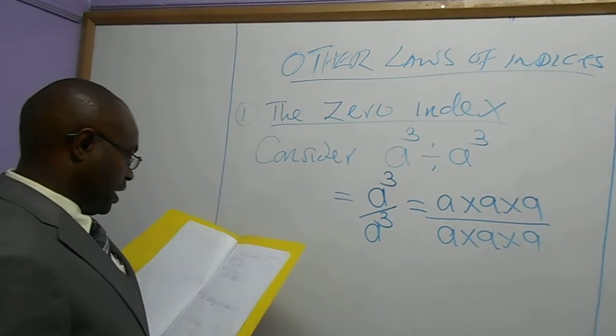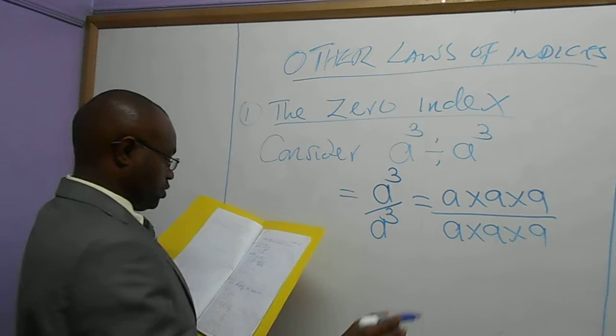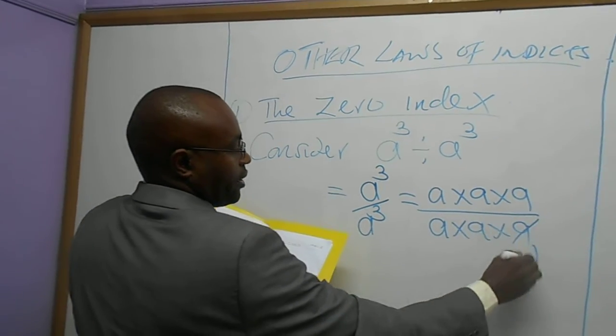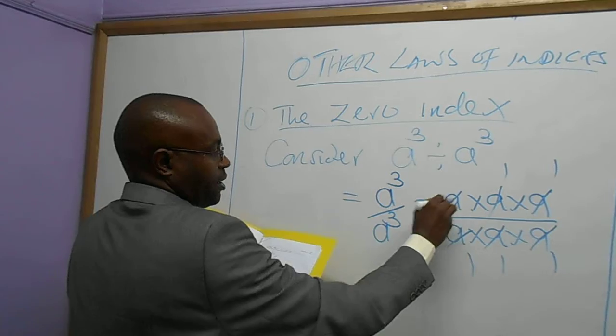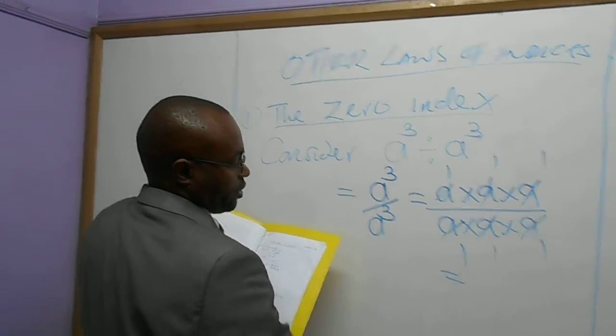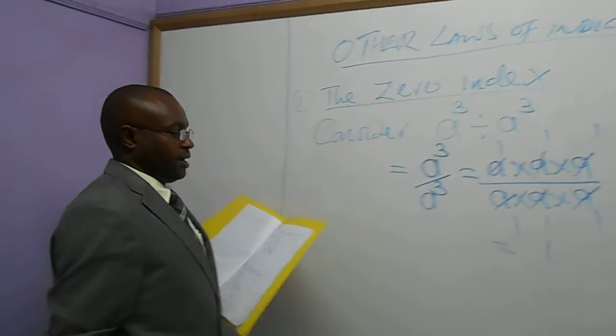If you simplify by cancellation, you will have a over a, each giving 1, and that will give us 1 as the answer.